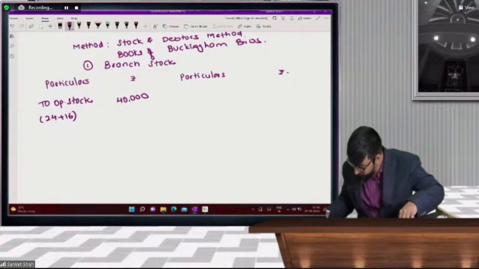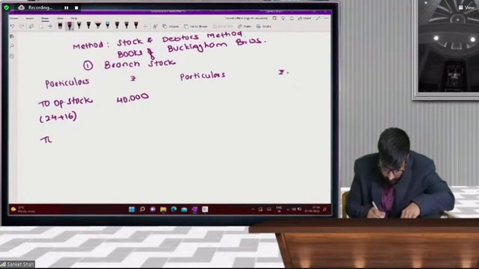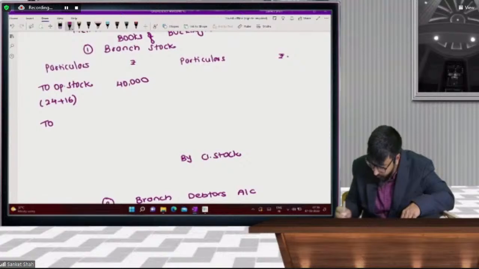Next one. By closing stock. By closing stock.